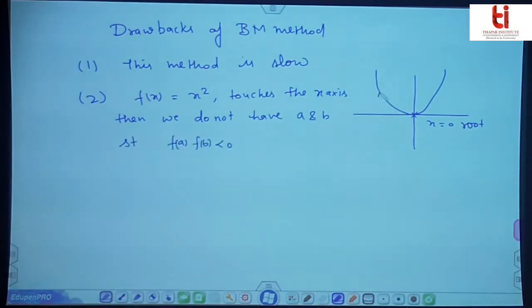In this case, we are not able to find any a and b such that this condition holds. So for this question, bisection method will not work. But x equal to 0 is the root of f(x) equal to 0, so bisection method cannot be applied.